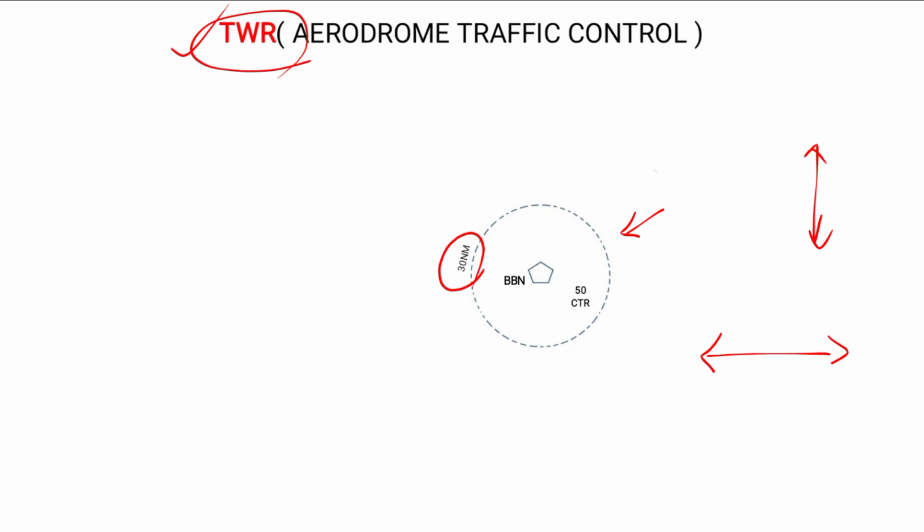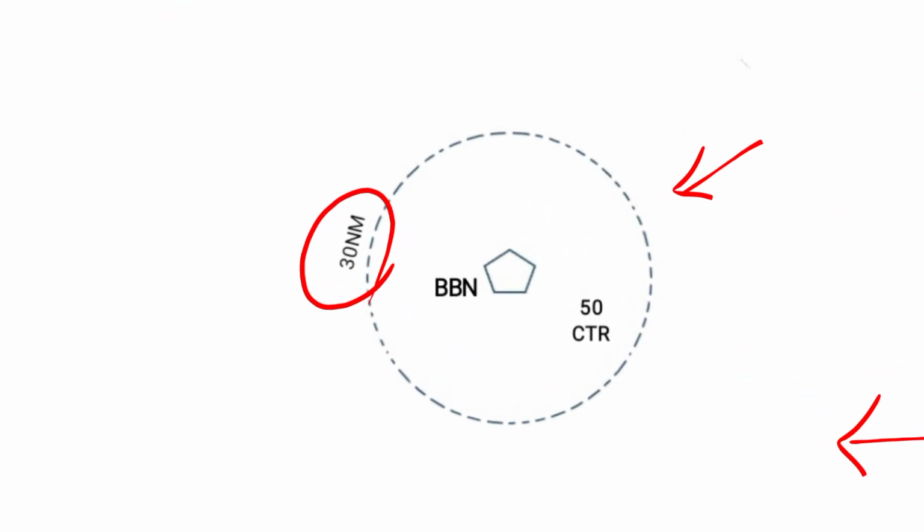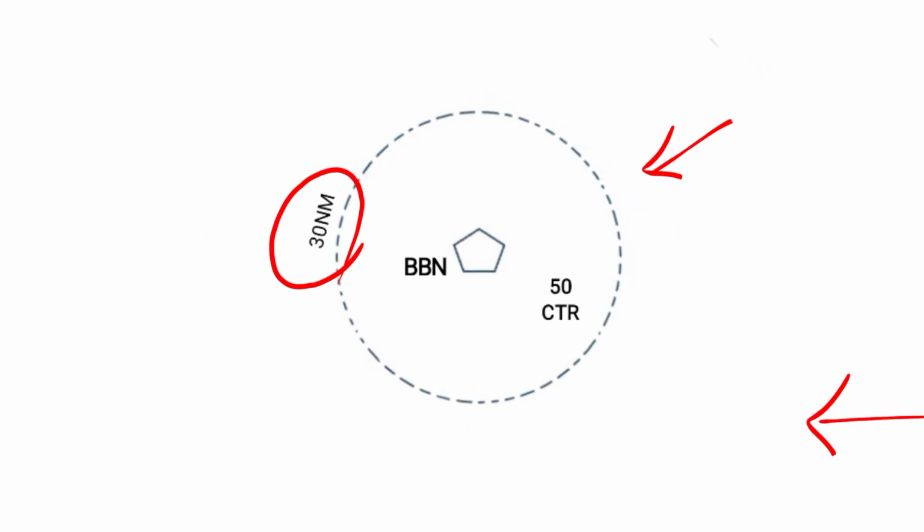Like here, they have given 30 nautical miles. In the same way, the vertical dimension starts from the lower limit to the upper limit.